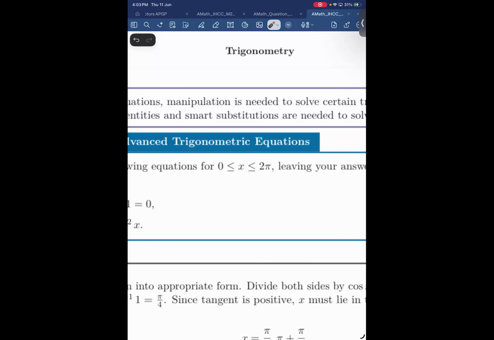For coordinate geometry, there is some part as the AMath portion. The AMath portion of coordinate geometry, I think I'll just have to save it.